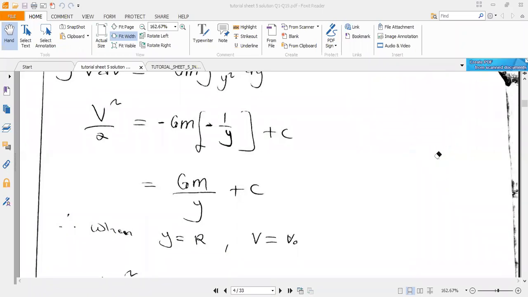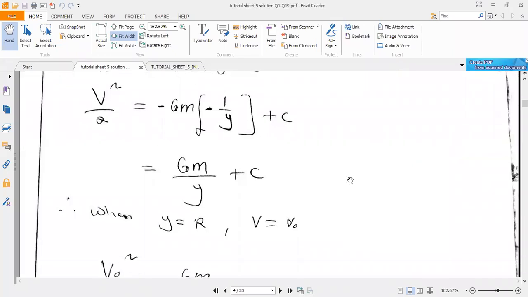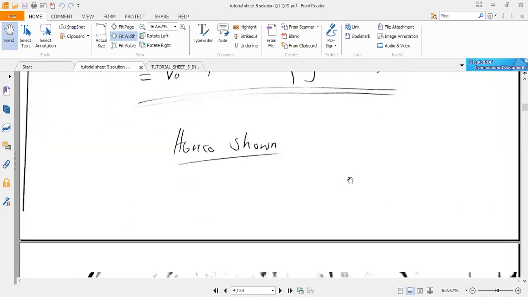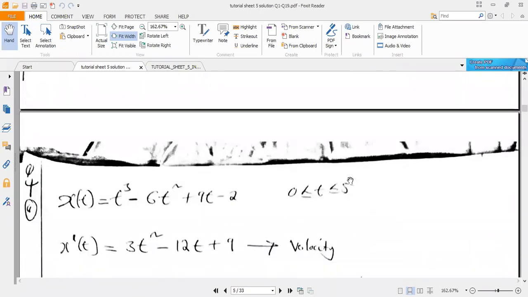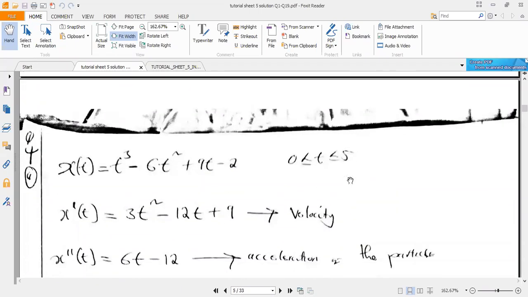Okay, so I hope everyone is cleared. We can now proceed. Hence shown, we go to question 4. Question 4 reads: x(t) is equal to t to the 3 minus 6t squared plus 9t minus 2, with that interval given there.